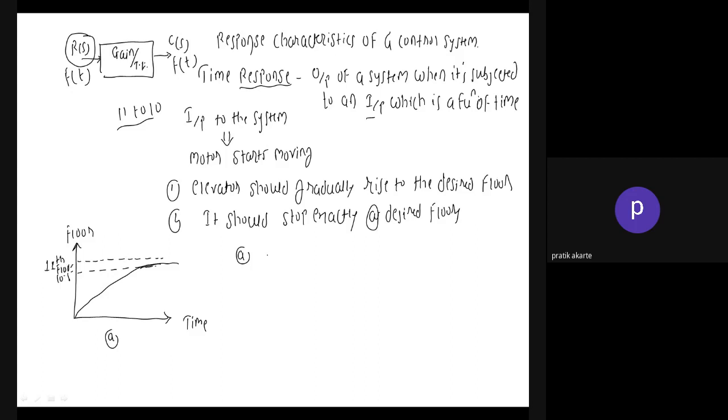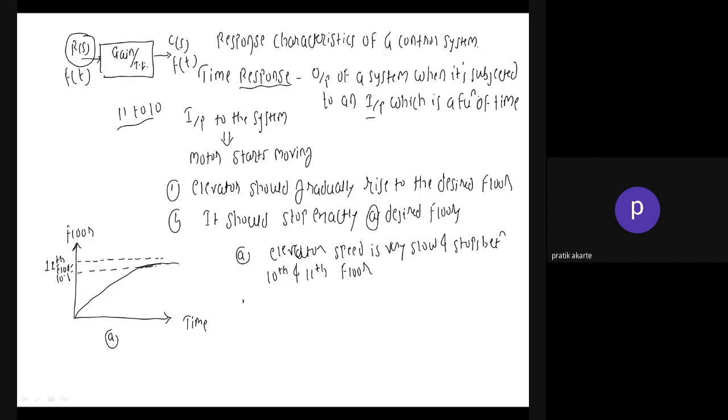So what is this response? The elevator speed is very slow, and it stops between the 10th and 11th floor. So this is one kind of response which is not desirable.